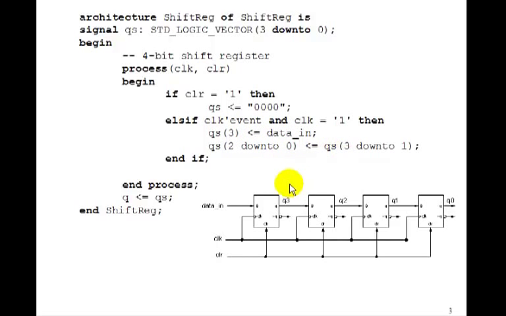We want it to get the Q3 that we had at the beginning of the process, namely the old Q3. So Q2 gets the old Q3, and the new QS3 gets the data in. Same for Q1 gets the old Q2, Q0 gets the old Q1. So this only works if QS is a signal, because signals don't get evaluated until the end of the process.